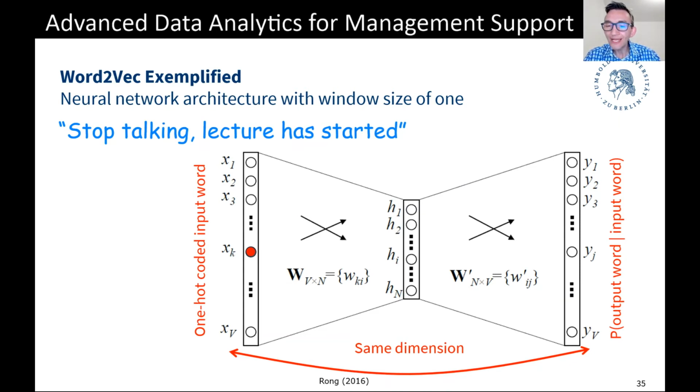Anyways, if we imagine that we feed the word stop in here, so if this is the word stop with a 1 only at position k, and if we believe that our target word then is the word talking, maybe this is the way to represent the word talking.